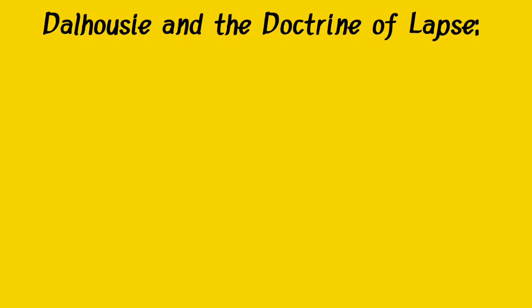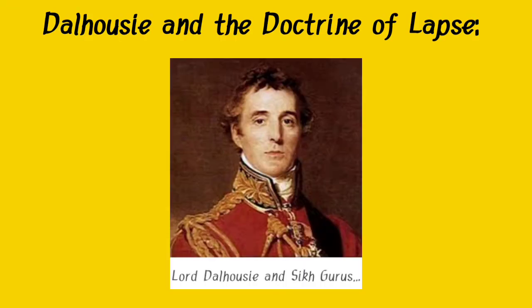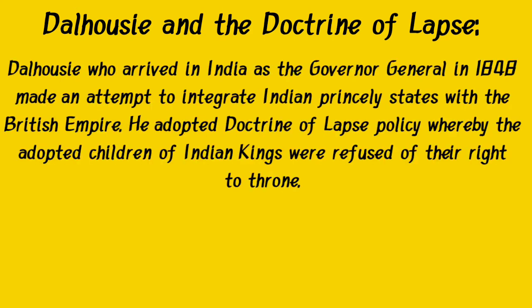Next, Lord Dalhousie and the Doctrine of Lapse. Lord Dalhousie, who arrived in India as Governor General in 1848, made an attempt to integrate Indian princely states with the British Empire. He adopted the Doctrine of Lapse policy, whereby the adopted children of Indian kings were refused their right to the throne.